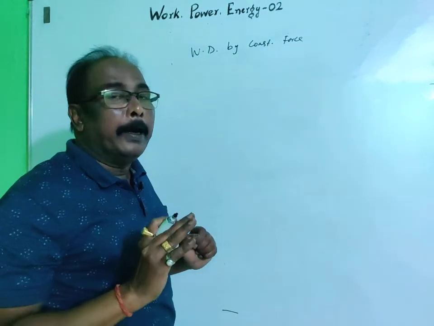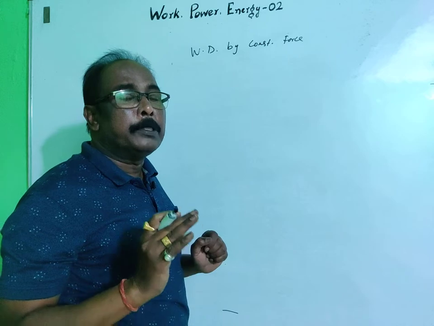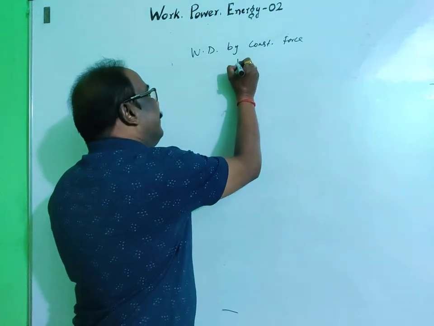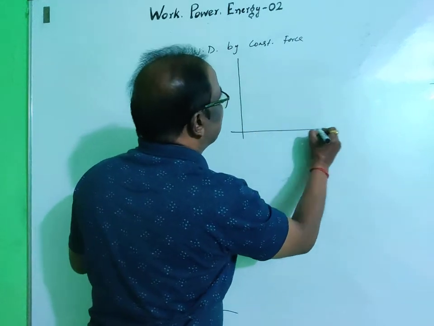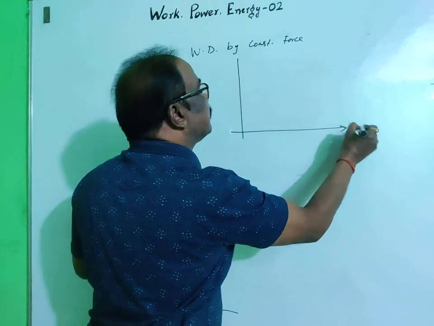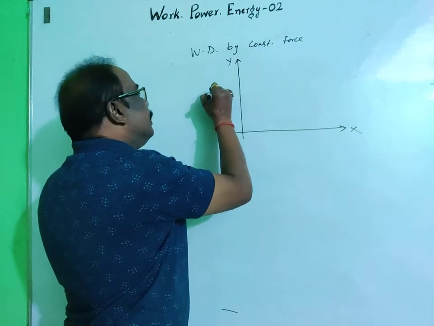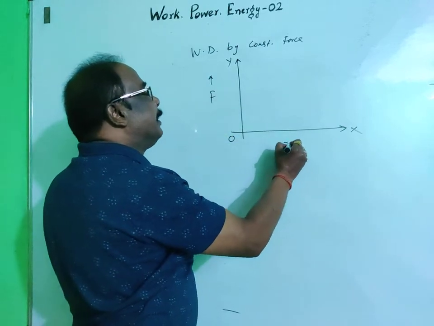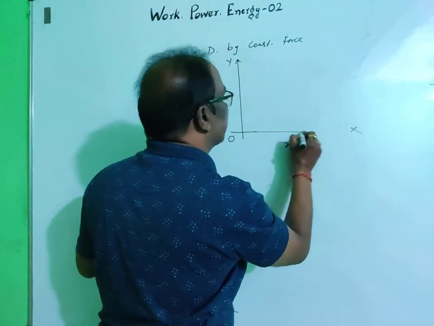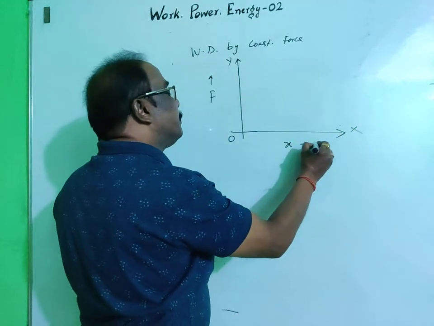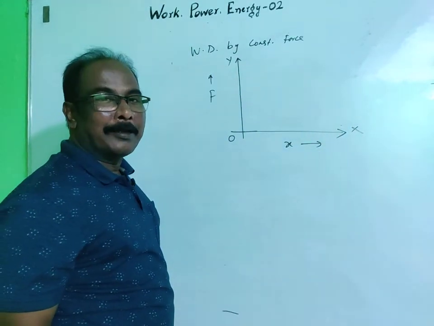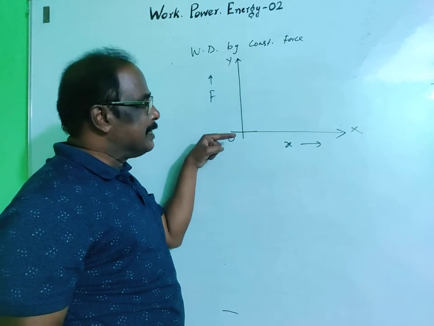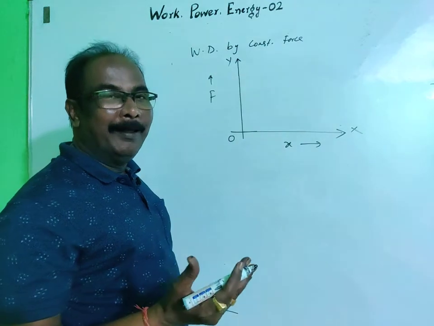If you want to calculate work done by a constant force in a graphical method, we have already discussed the analytical method. Just consider this graph. This is along the x-axis, this is along the y-axis. The variation of the magnitude of force is shown along the y-axis and the displacement variation is shown along the x-axis.